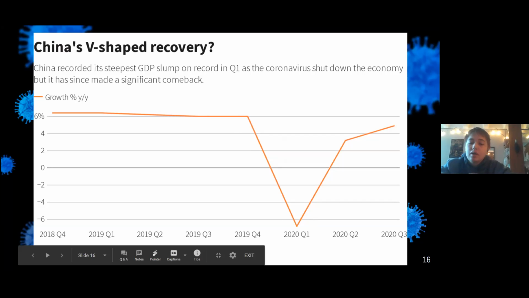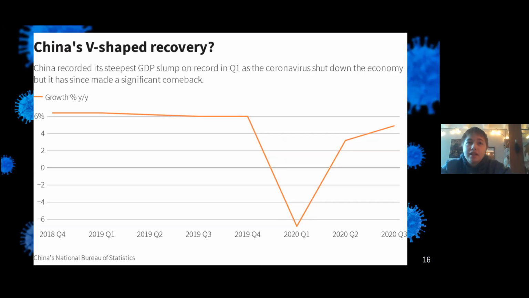But since the lockdowns were so successful in reducing cases and controlling the spread of the virus, the country has been able to reopen and go back to a semblance of normalcy, and there has been a big recovery, almost to pre-pandemic levels of GDP growth.